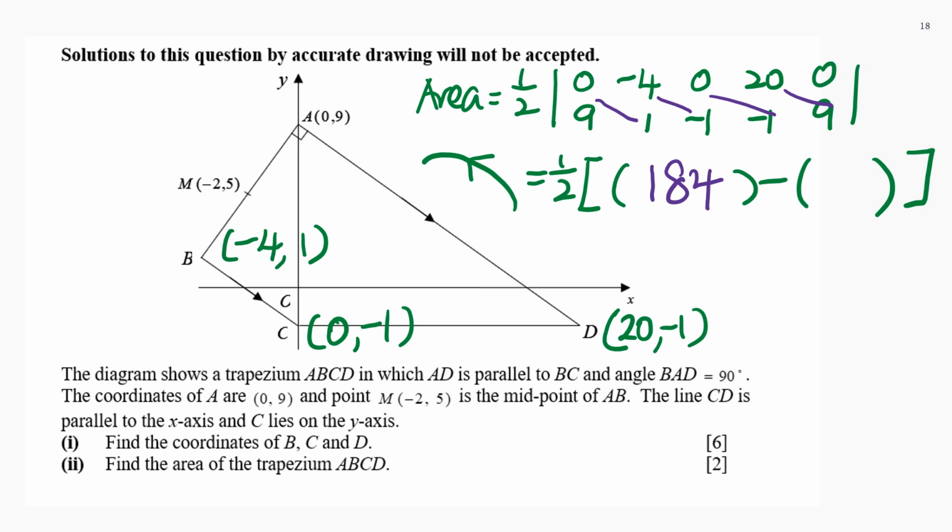It's basically just 0 times 1 plus negative 4 times negative 1 plus 0 times negative 1 plus 0 times 20 plus 20 times 9. You just use your calculator to work it out, you get 184. Likewise, for the other bracket, it's just the other direction. And then from there, you can just use a calculator to work out the value to be 120 units squared. So that will be the area of the trapezium ABCD.